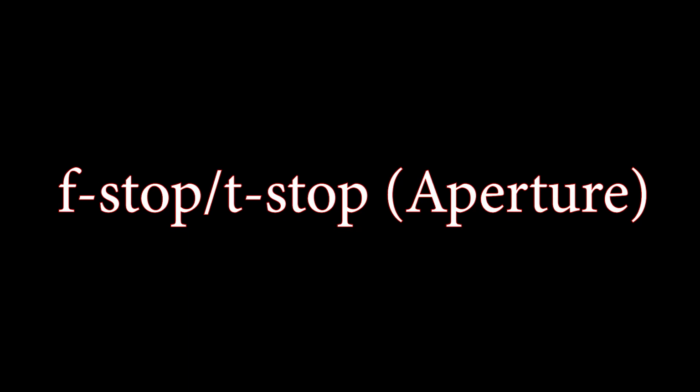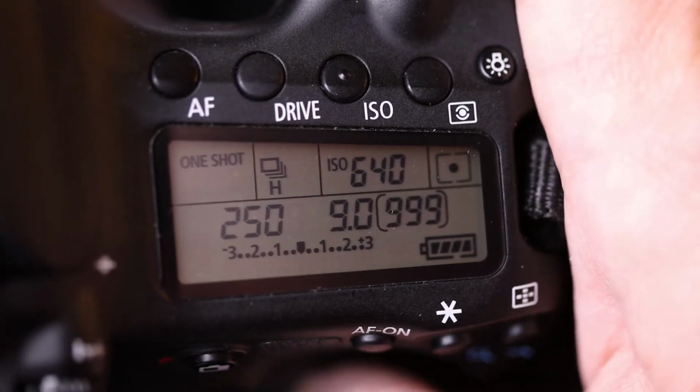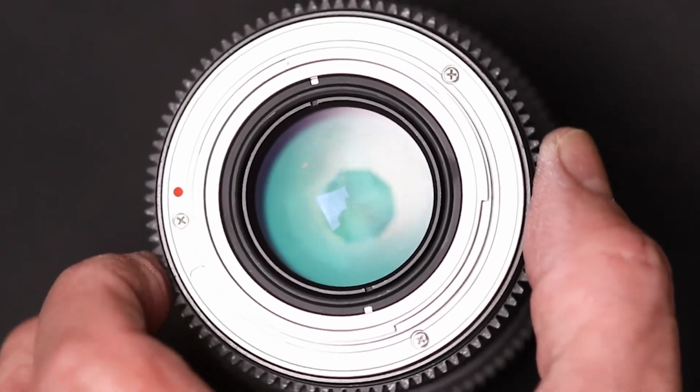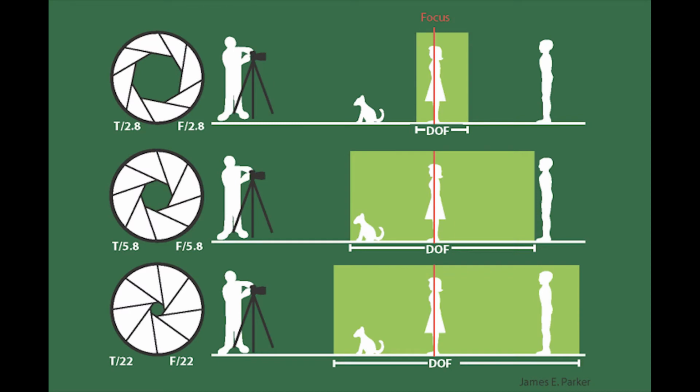Now let's talk about controlling our depth of field using our aperture control. You can control the depth of your image by adjusting the aperture setting on your camera, which results in an opening or closing of the aperture inside the lens. Let's take a look at this graphic. If we were to set our camera aperture at 2.8, our depth of field would be quite shallow, and that's actually represented by the light green area around the young lady.